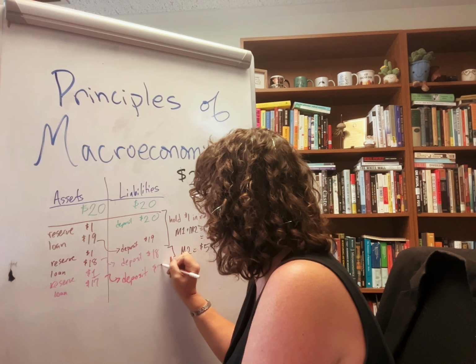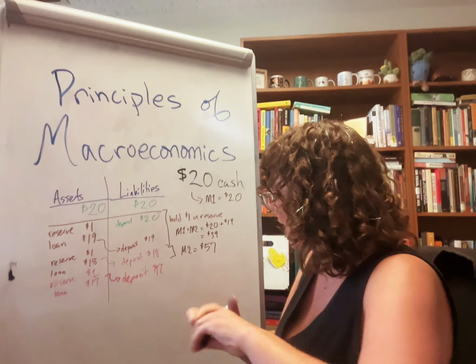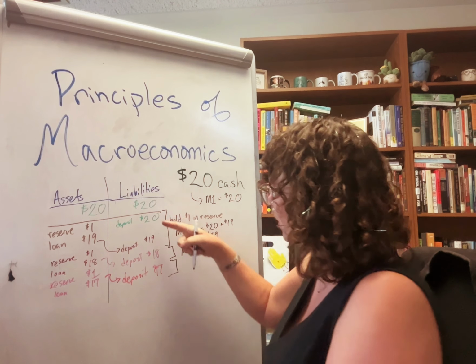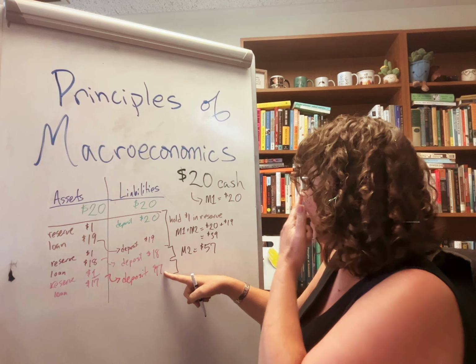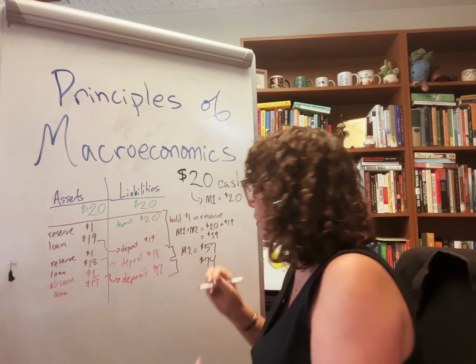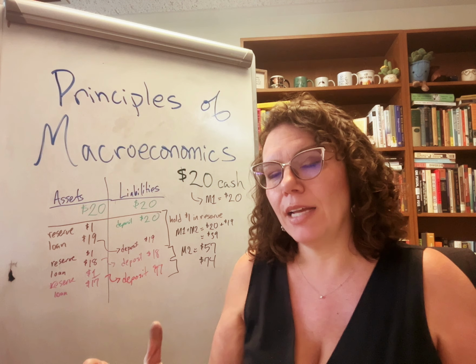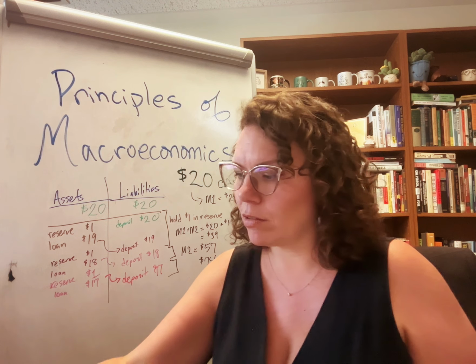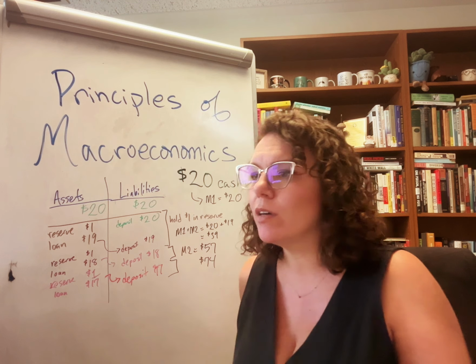That's going to add another $17 to the money supply. Now our money supply includes 20 plus 19 plus 18 plus 17. That's going to give us, what, $74, and so on. And it'll keep going like that until the banks decide not to give out loans anymore.